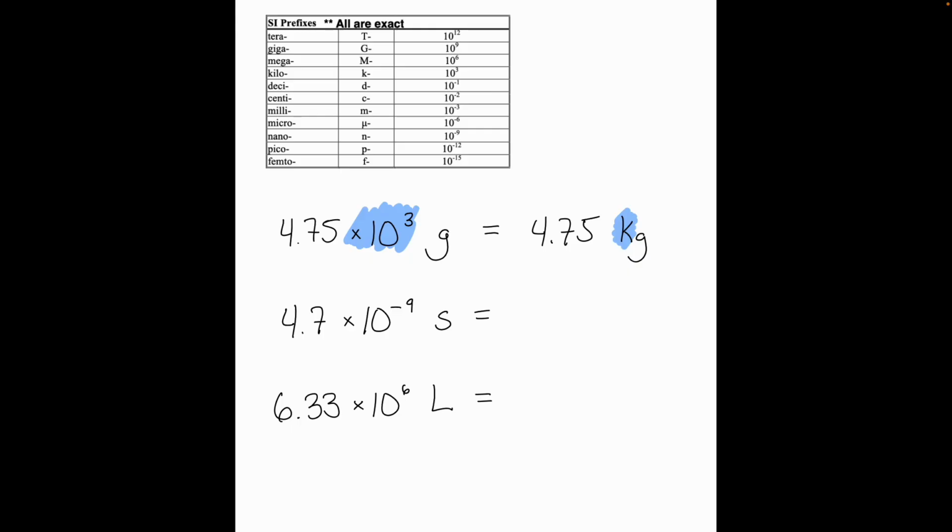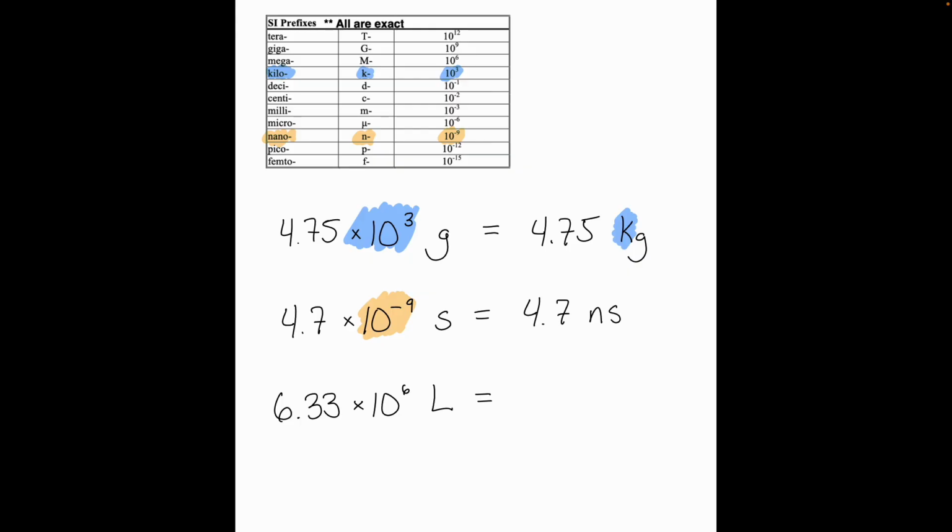All right, so just like we said, we could replace 10 to the 3 with that kilo prefix, because that's what our table said. What are we going to replace this 10 to the negative 9 with? Nano. So this 4.7 times 10 to the negative 9 seconds is the same thing as 4.7 nanoseconds.